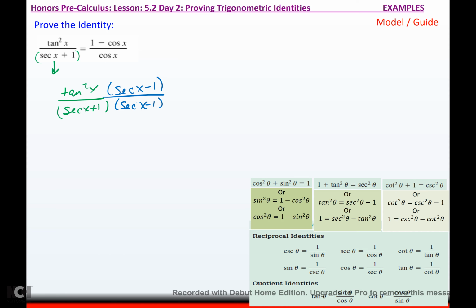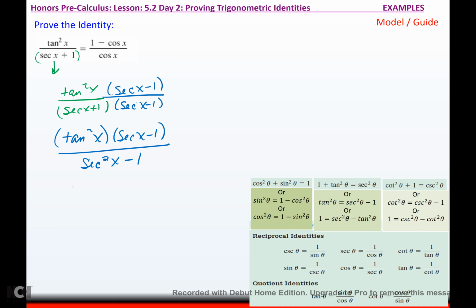So now on top, I'm going to have tan squared x times secant x minus 1. On bottom, that's going to become secant squared x minus 1.